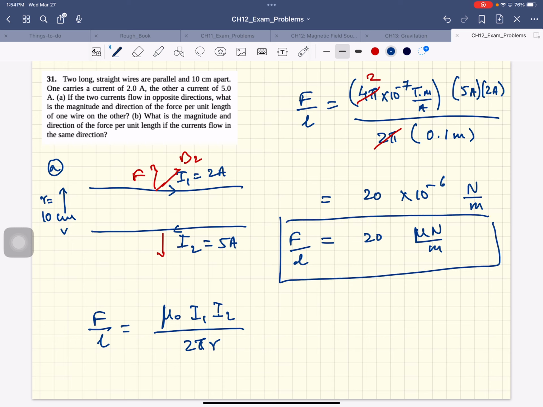And that's the force per unit length of the wire. So if the currents flow in the same direction, the force is attractive and has the same magnitude.